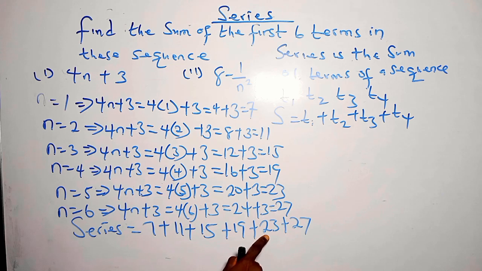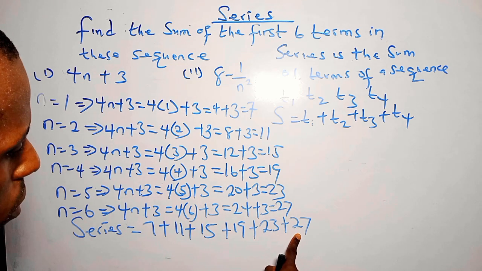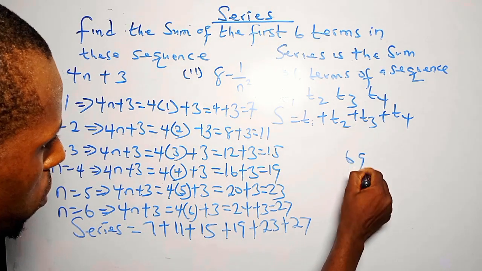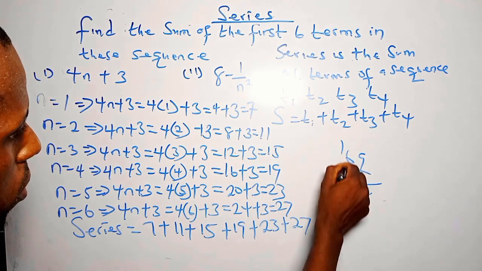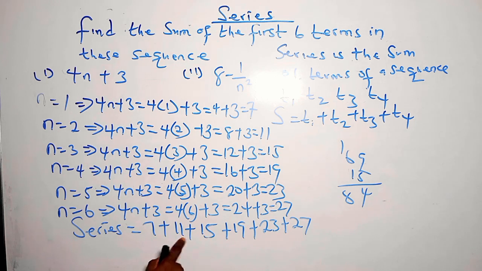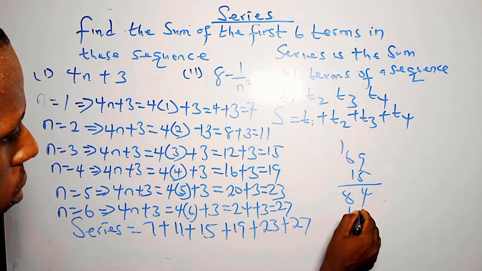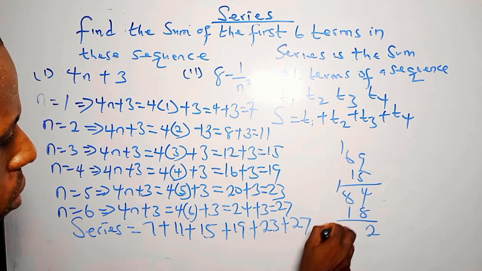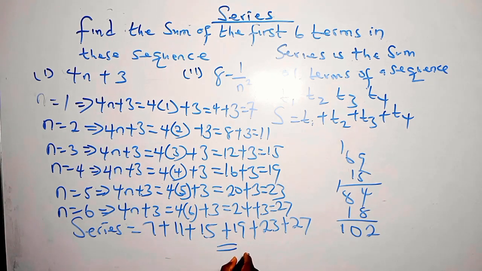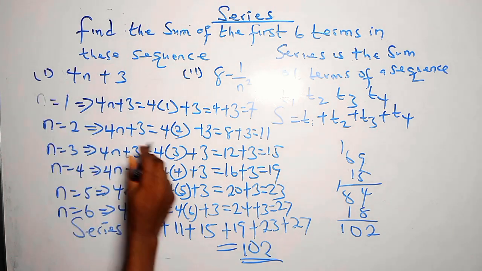When we add up, 23 plus 27 gives 50. 50 plus 19 is 69. 69 plus 15 is 84. 84 plus 18 is 102. So the series is 102 for the first sequence.